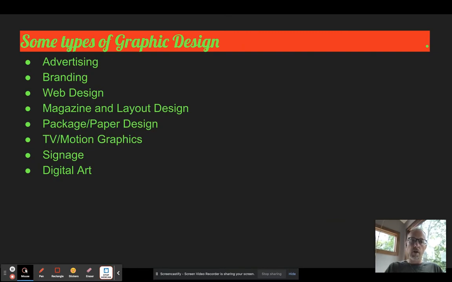So, some types of graphic design: we've got advertising, which we mentioned, branding, which is kind of like an overarching umbrella over an advertising campaign, so that things are unified.